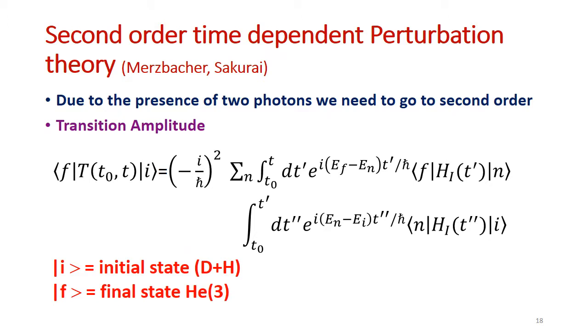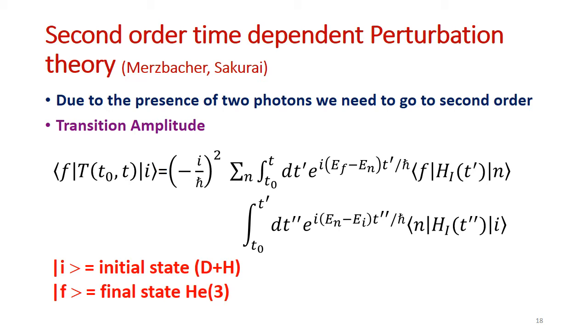So this is done within the framework of second order time dependent perturbation theory. The theoretical framework is standard, discussed in any standard textbooks, Merzbacher or Sakurai. Due to the presence of two photons, we need to go to second order, as I already said. The transition amplitude formula is standard, taken directly from these books.